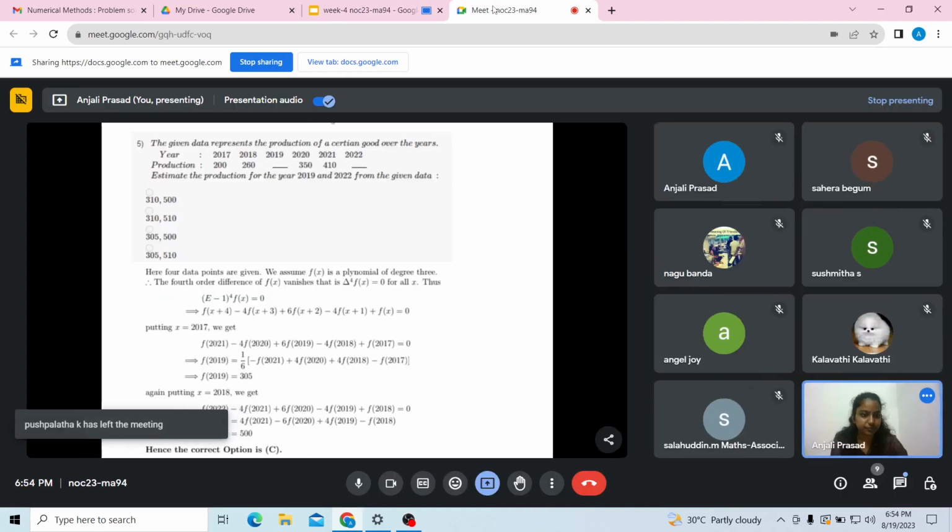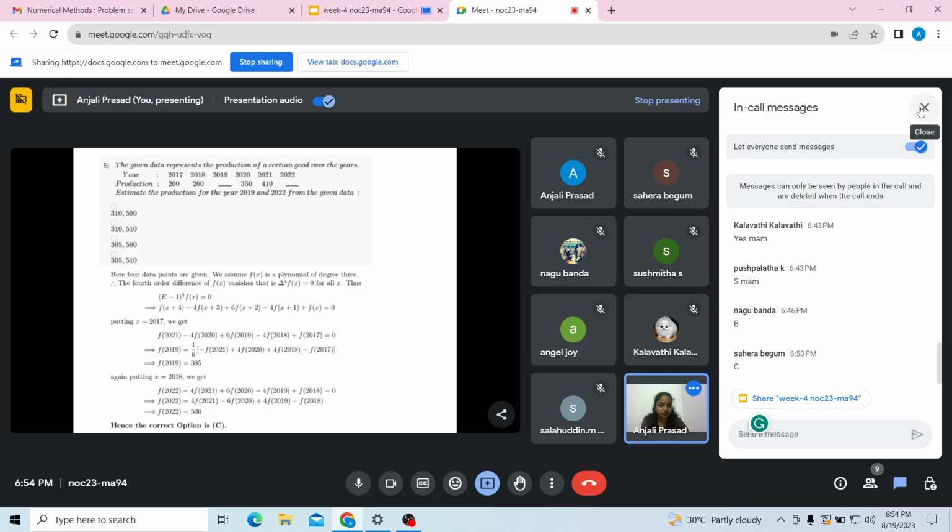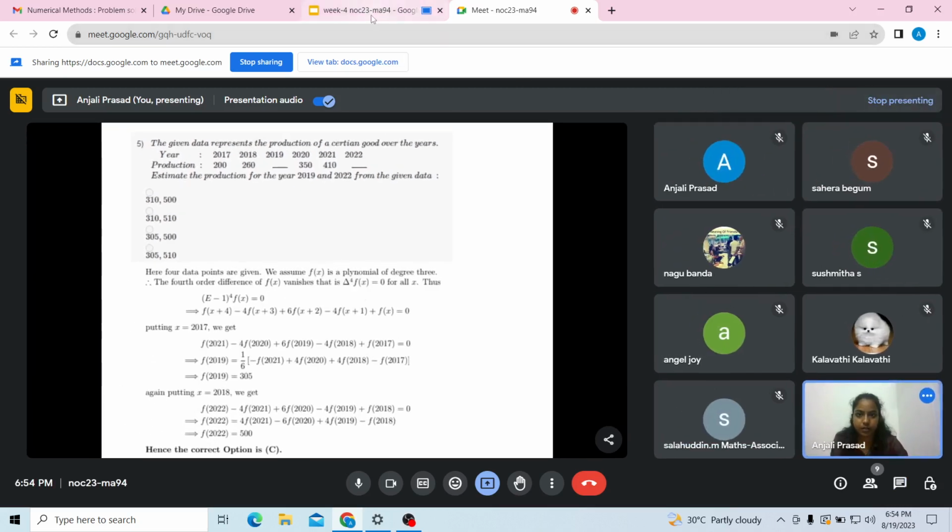So the production value in the year 2019, you will get 305 units. Is it clear to everyone? So this will give you the first missing point.